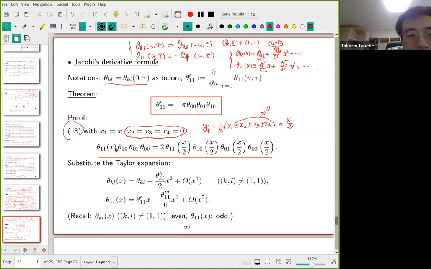And then this is theta 1 prime x plus 6 x cubic plus like this.